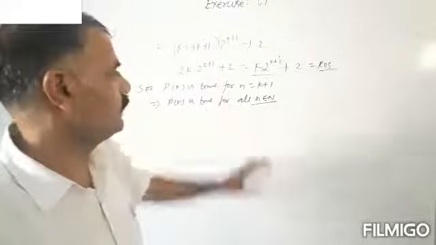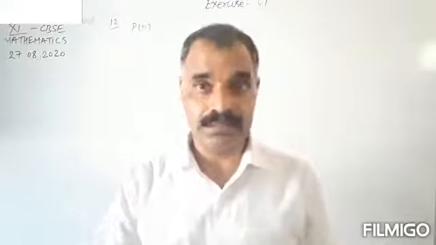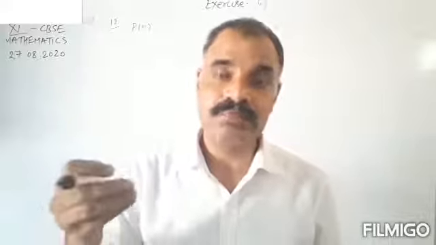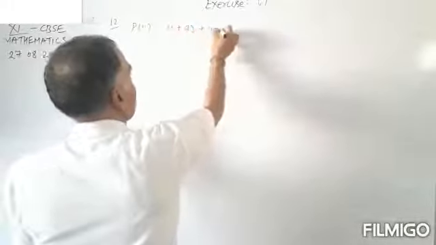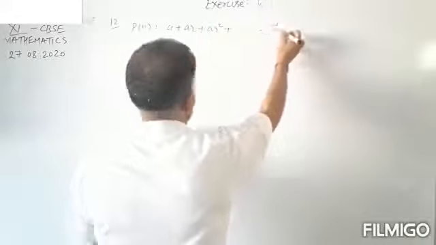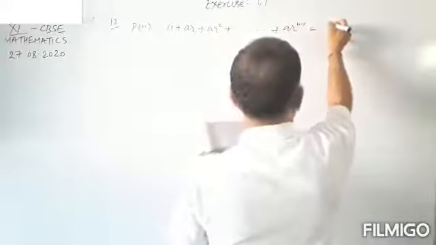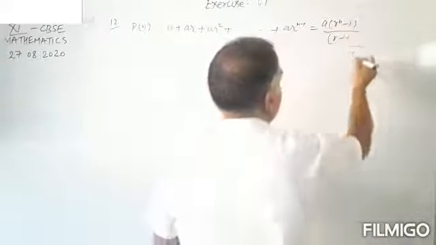Pn means the mathematical statement; a mathematical statement is denoted by Pn. So Pn is a plus ar plus ar square plus and so on plus ar to the power (n minus 1) equals a into (r to the power n minus 1) upon (r minus 1).